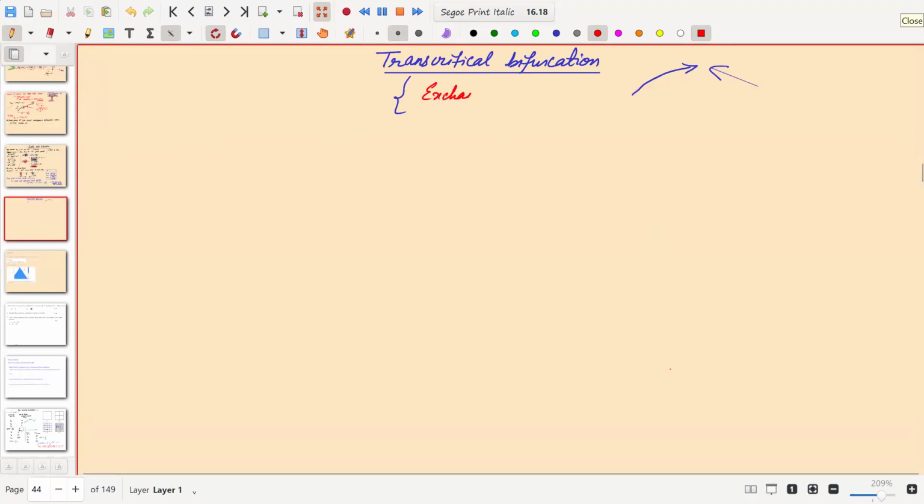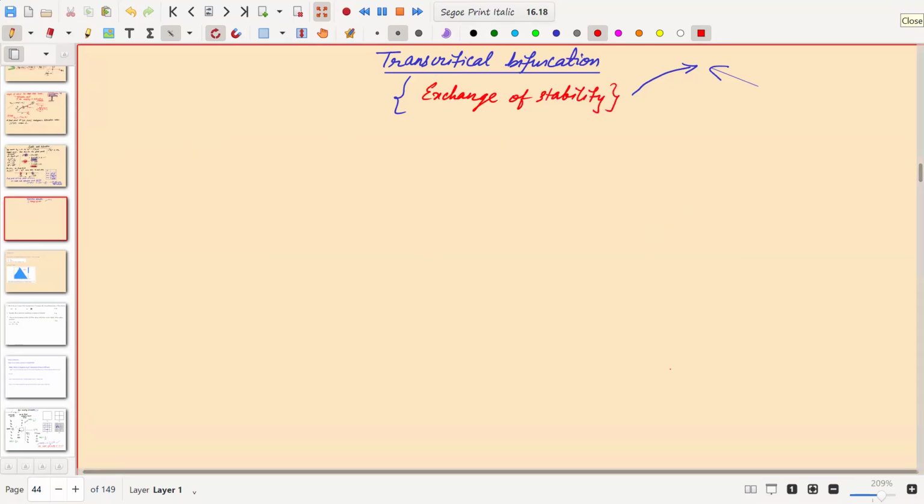So I will tell you the joke first, and then we will see the mathematical behavior with the same example. So let us take person A and person B. Person A suffers from cold. He sits with person B, and after that, person B catches the cold, and person A recovers from the cold.